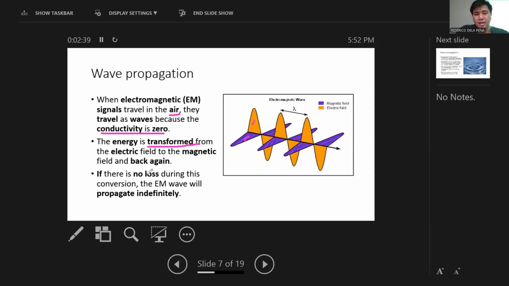And if they're traveling in a non-conductive media like air or vacuum, you get minimal loss or no loss in energy conversion, and the EM wave can propagate indefinitely. So they can travel very long distances in vacuum or in air.